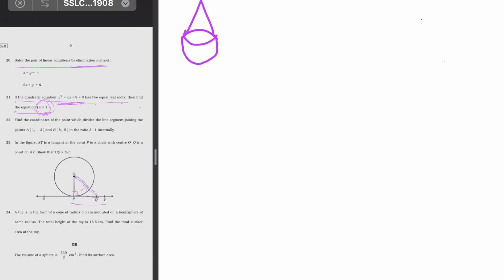So, if this is the cone shaped toy, it is mounted on a hemisphere. It is given that the radius of the cone and the radius of the hemisphere is 3.5 centimeter. The total height of the toy is 15.5 centimeter.